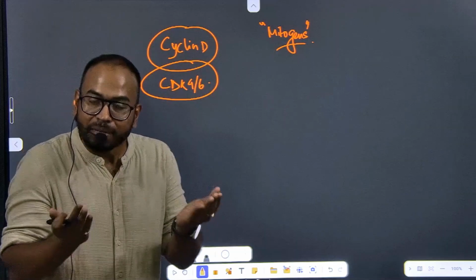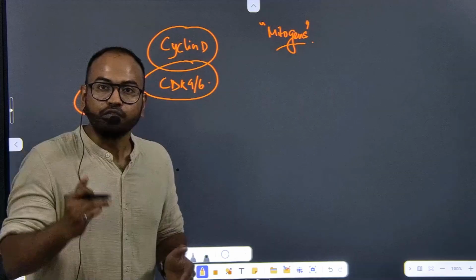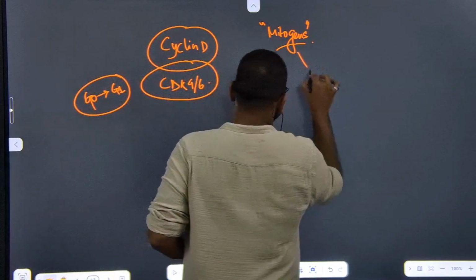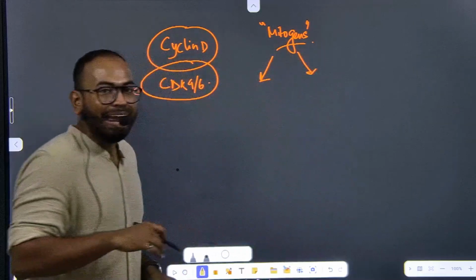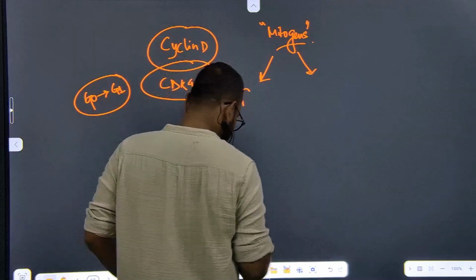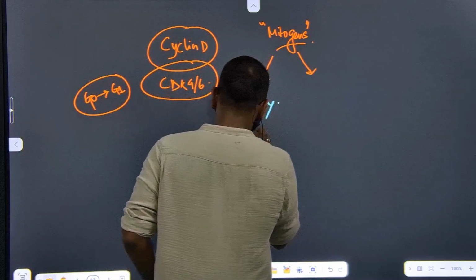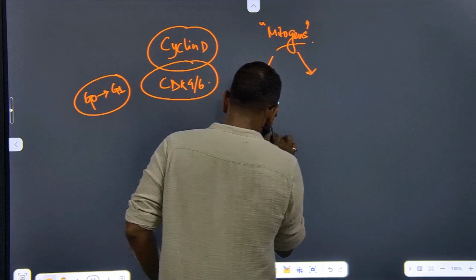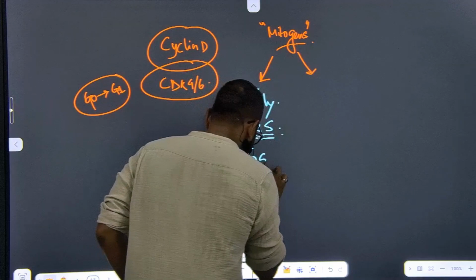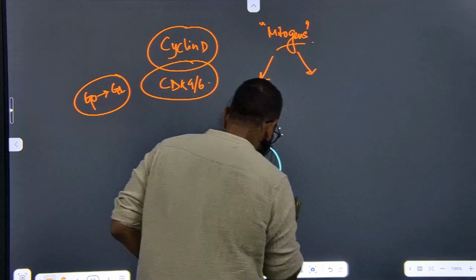First of all, within the medium, we have mitogens or growth factors. When growth factors are applied to the medium, two sets of genes are getting activated. One, there lies our early genes. Within early genes, we have C-Fos and C-Jun.